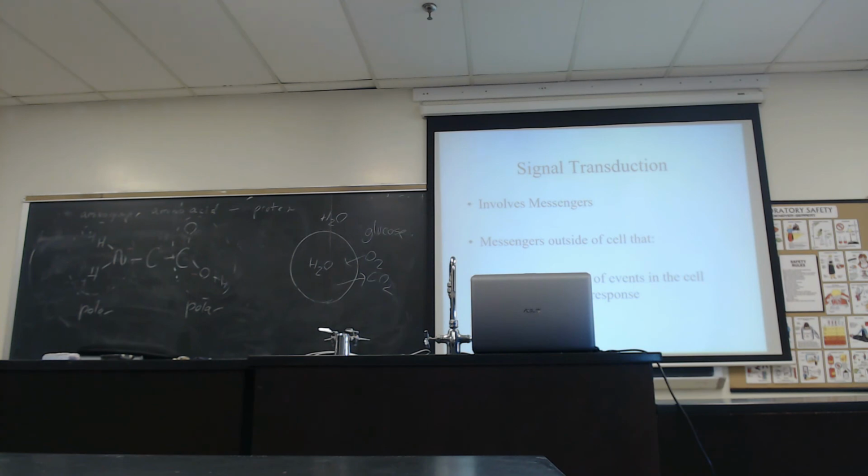It can't, because it's polar. The membrane is non-polar. It can't make it through. So thank goodness we have what lodged in that membrane? Protein. In fact, it's going from the outside of the membrane through those fatty acids all the way into the inside. You see that?